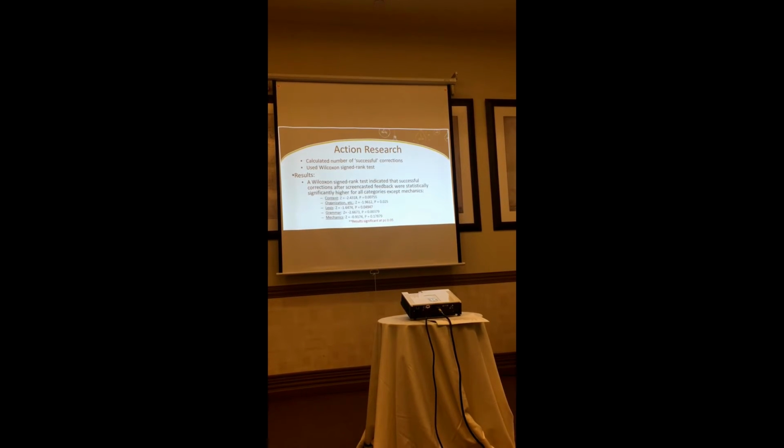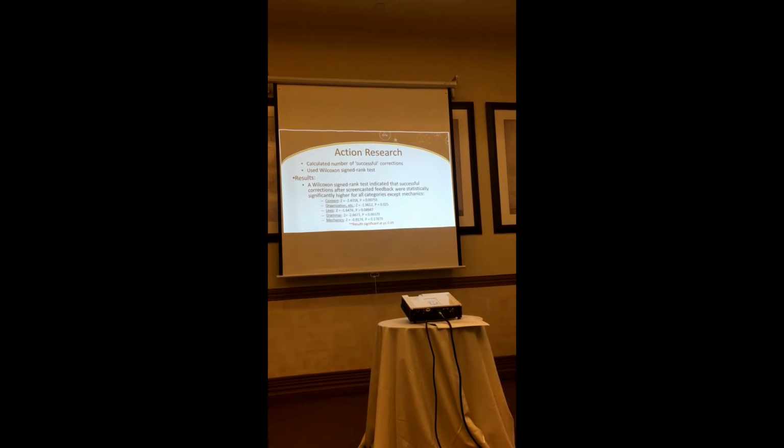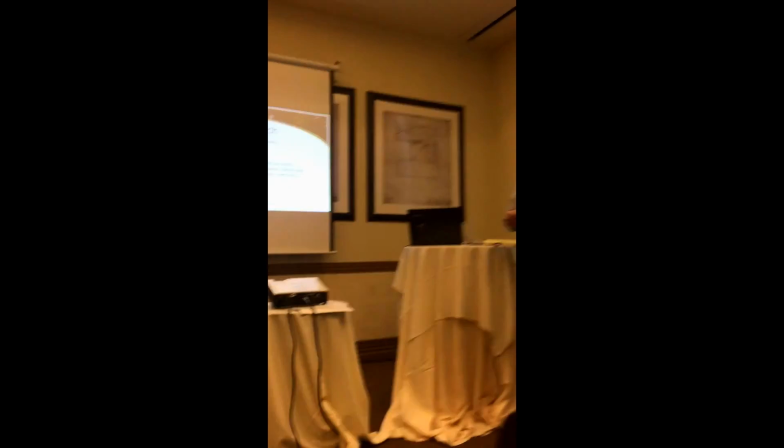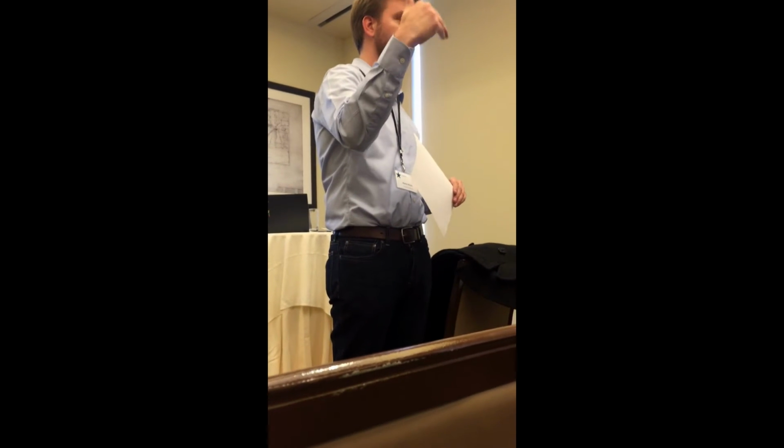Then I calculated percentages. And what I found, I didn't put the raw data up here, but in the content area, I found that 13% more of the corrections were successful for screencasted feedback. For organization, coherence, and cohesion, 6% were more effective.